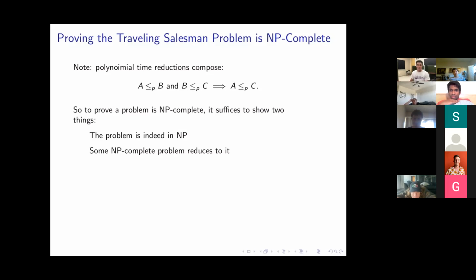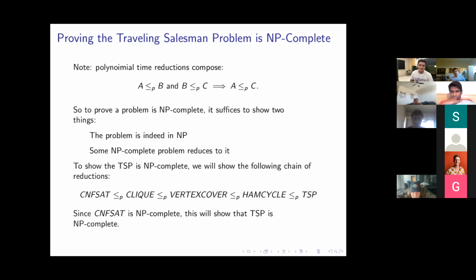So this is how I'm going to show that the traveling salesman problem is NP-complete. I'm going to show through a chain of reductions that the TSP is NP-complete, using the fact that I have claimed without proof that CNF-SAT is NP-complete.